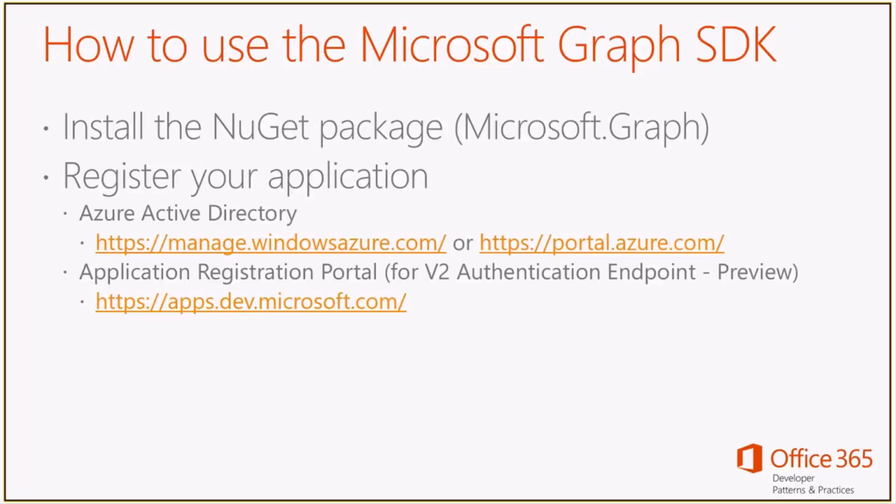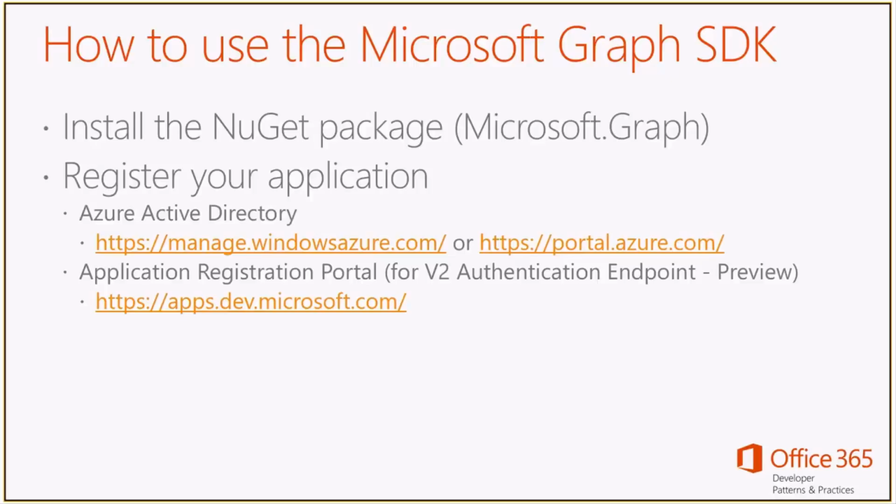Another option, which is pretty new, is the one based on the V2 authentication endpoint, which allows us to use Azure Active Directory, Azure Active Directory Business to Consumer, and the Microsoft account within a unique authentication endpoint and within a unique application registration portal, which is the one highlighted in the second link, apps.dev.microsoft.com.